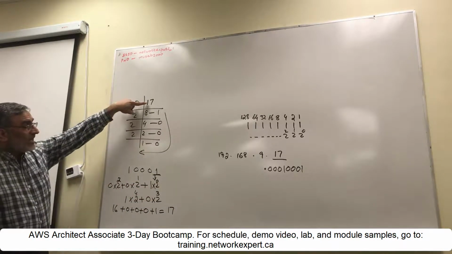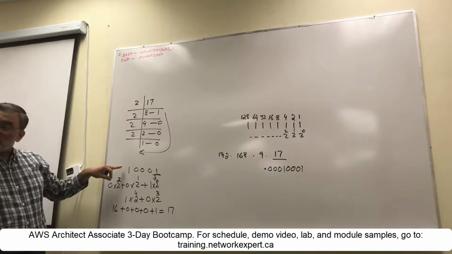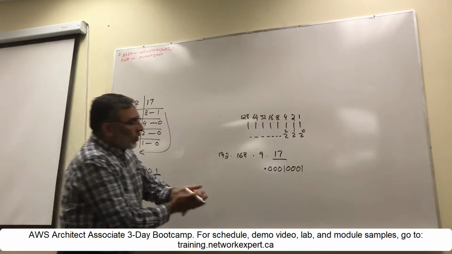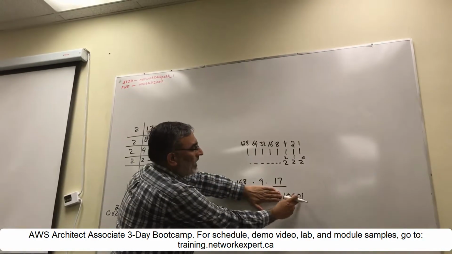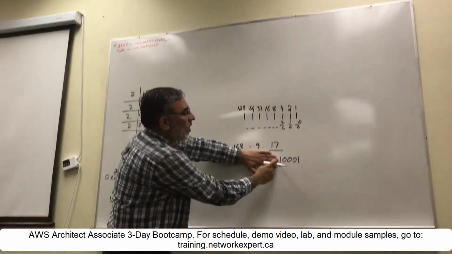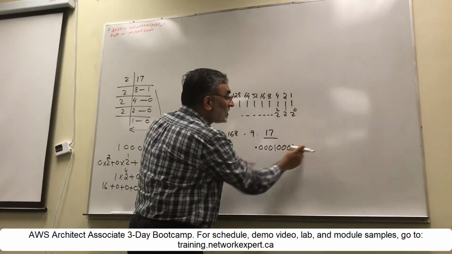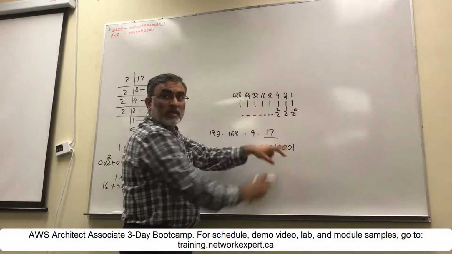See, when I changed 17 into binary, it was 10001. So I wrote 10001. Now on the left-hand side I will add zeros. Why? Because if I add zeros on the right, the weight will change.